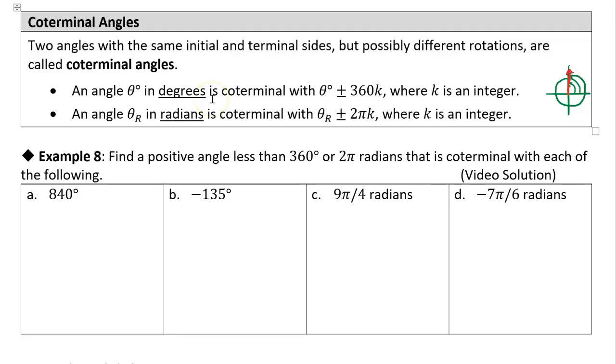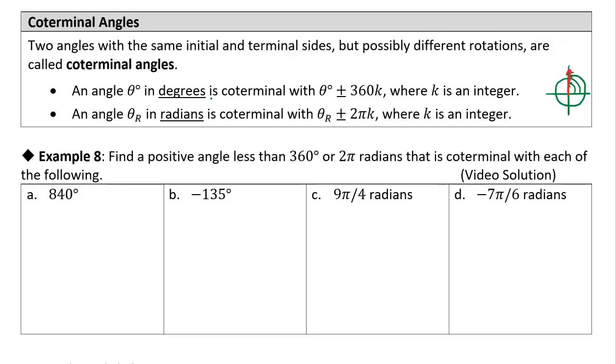For this next example, we need to find a positive angle less than 360 degrees, or 2 pi radians, depending on whether the angle starts out in radians or degrees, that is coterminal with each of the following. The first angle is 840 degrees.